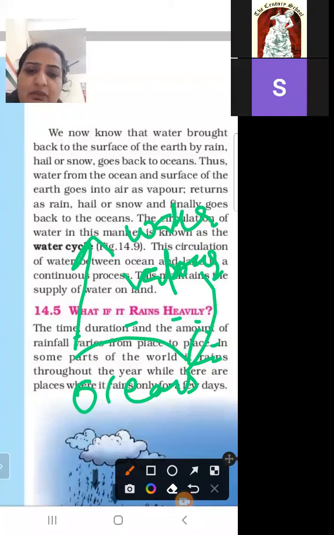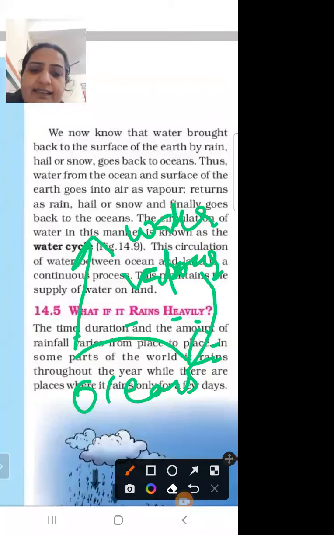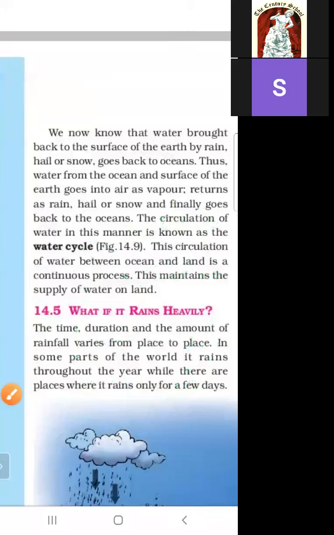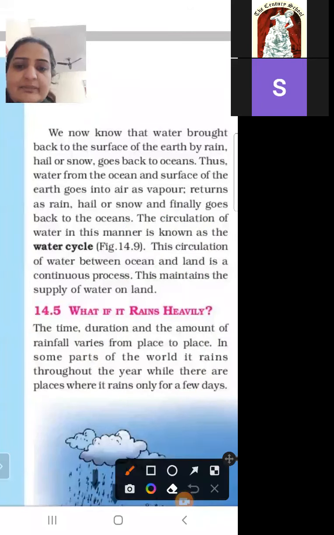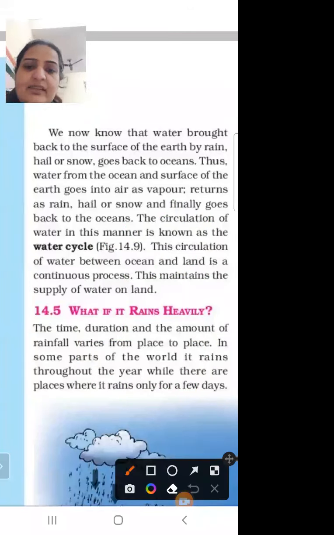And this circulation of water is known as the water cycle. So what do you mean by water cycle? So you remember the definition of water cycle: the circulation of water between ocean and land is called the water cycle.